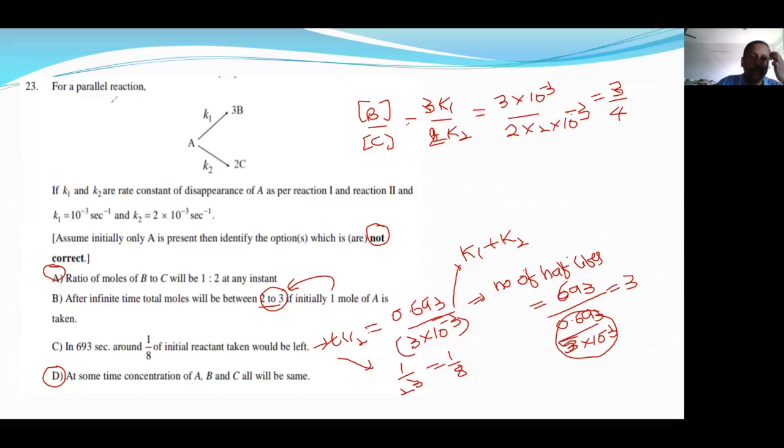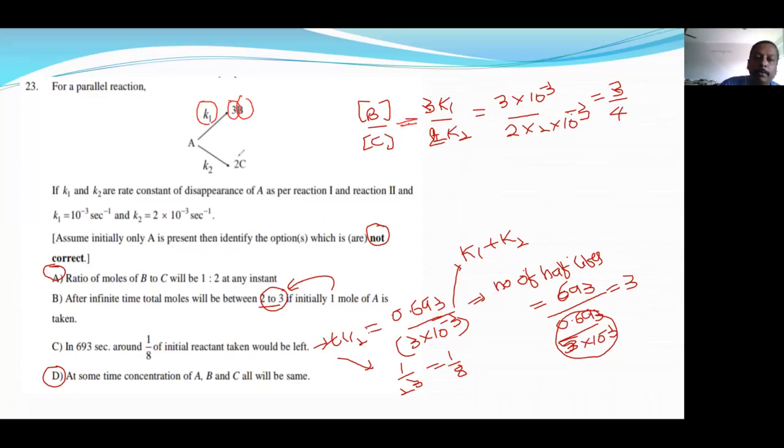But here it is given first order reaction. Okay. Now, rate of formation of B will be 3K1, okay? 3 here from the coefficient, rate constant is K1. Concentration of B at any time will be 3K1.